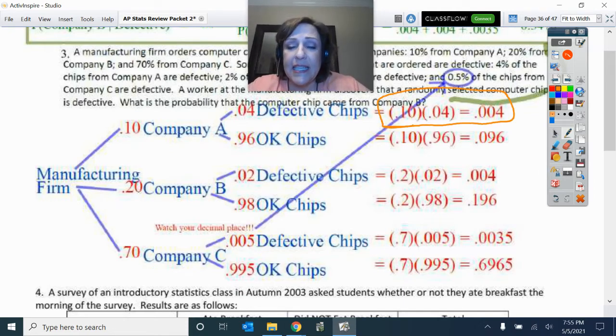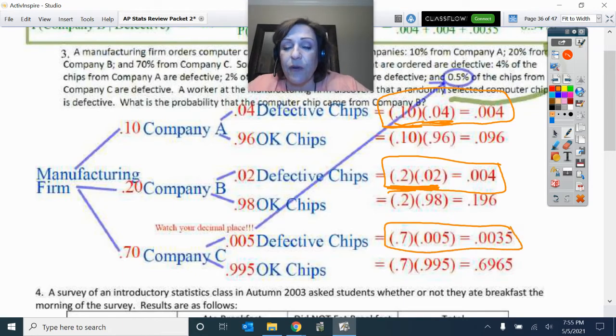So then we know, look, this right here is defective and from company A. Here is defective and from company B, and here is from company C and defective. So what I have here in orange is the total proportion of all the chips that are defective.